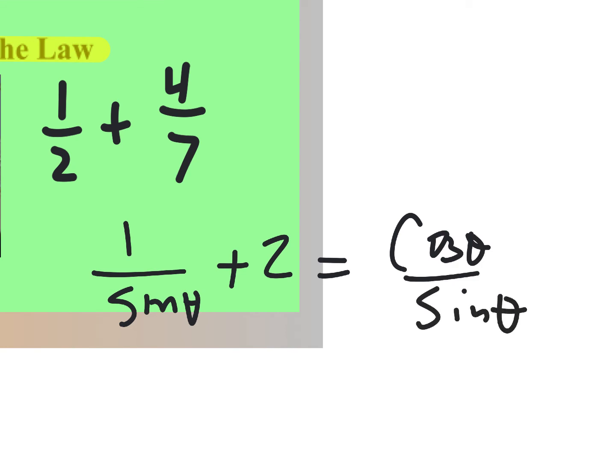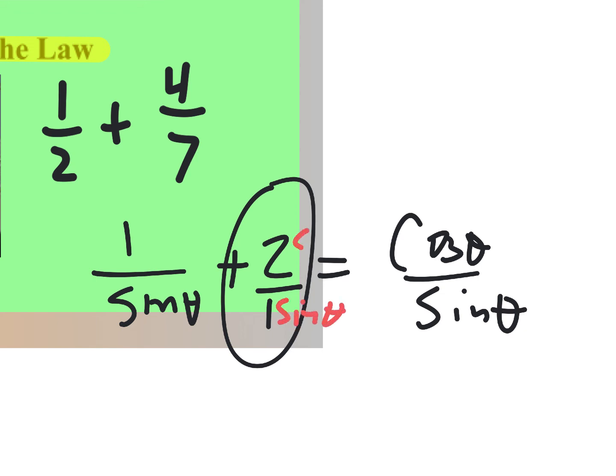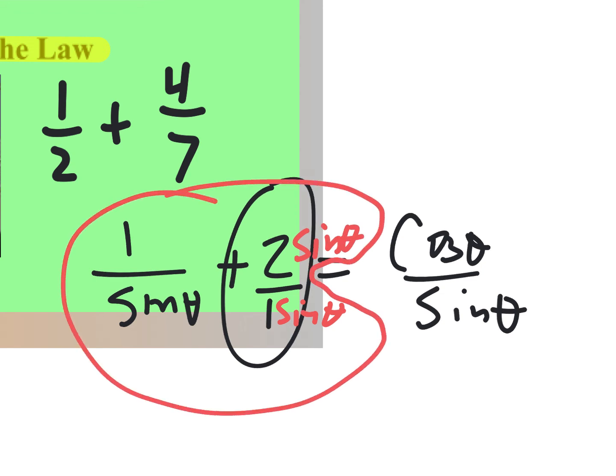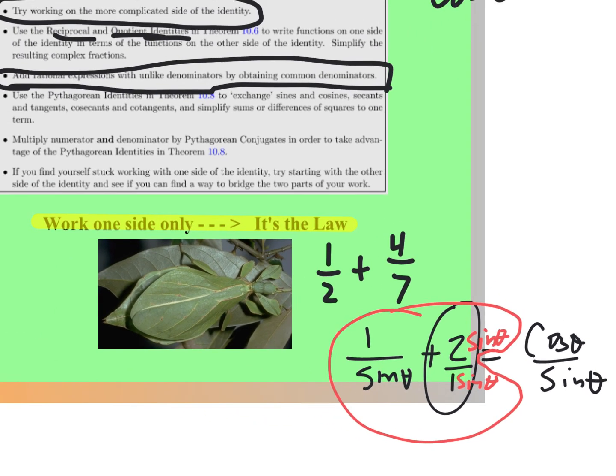You need a common denominator, and this one doesn't have one, so what would you do? Put this over 1, so it has a denominator at least. And then I'd times by, not cosine, I'd times by sine. You see how now it has a common denominator? And now this side can be added together. All right, so common denominators are going to become a big thing.